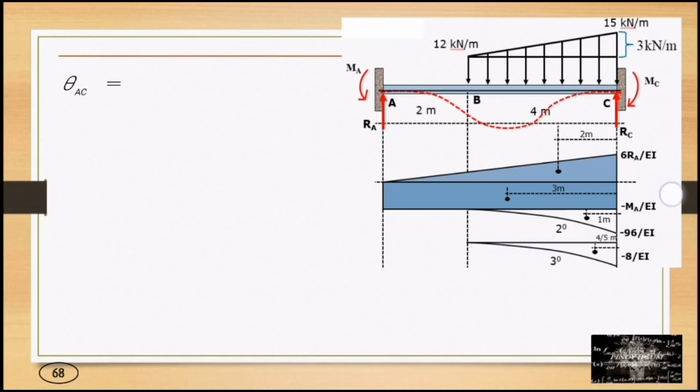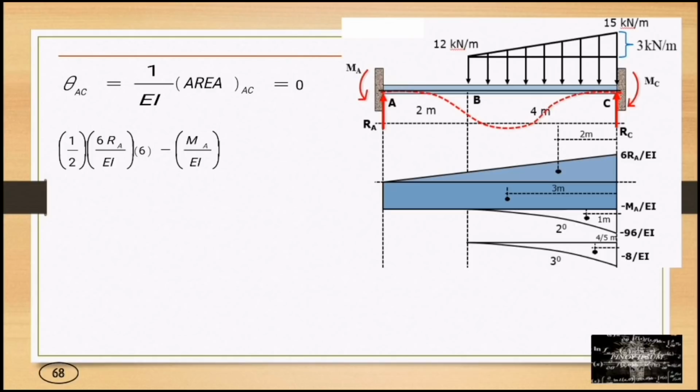So, theta AC is equal to 1 over EI times the area of moment diagram between A and C is equal to 0. So, we have 1 half times 6 RA over EI times 6 minus MA over EI times 6 minus 1/3 times 96 over EI times 4 minus 1/4 times 8 over EI times 4 is equal to 0.